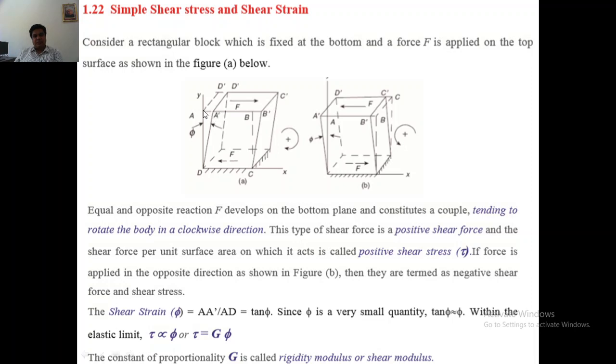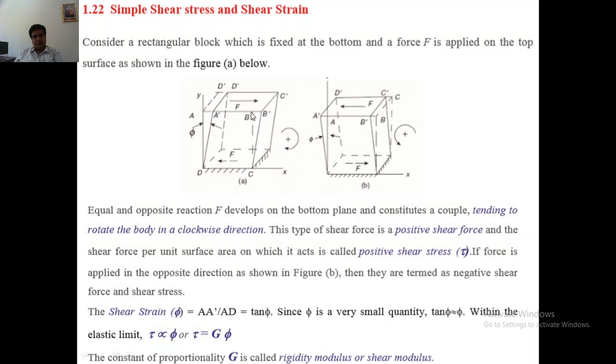So A will move from here to A dash. This is the displacement because of this shear force. Similarly, the other end, the point B, which is here, initially it was here; when the load was applied, it will displace from B to B dash. So when we apply the shear force, this is the change in shape of this element.